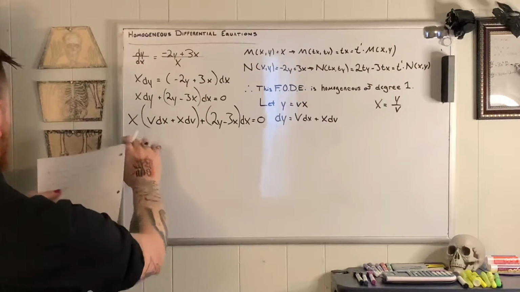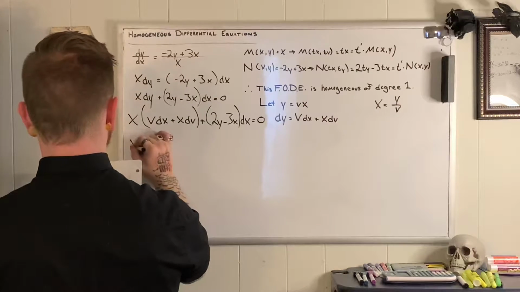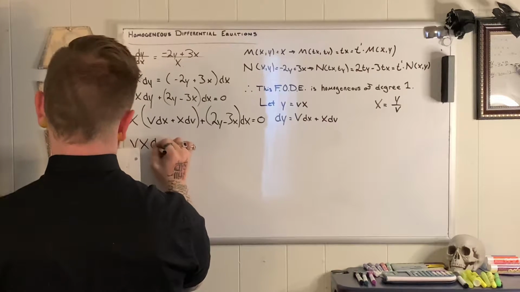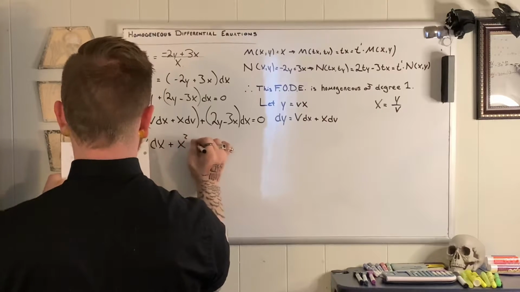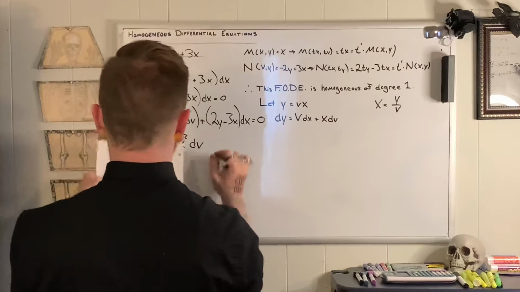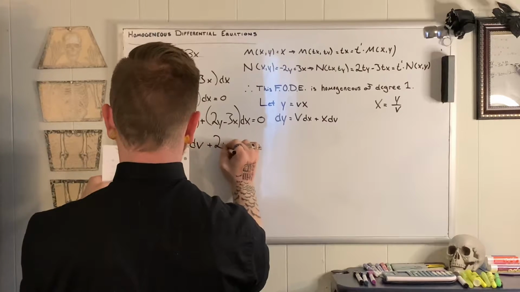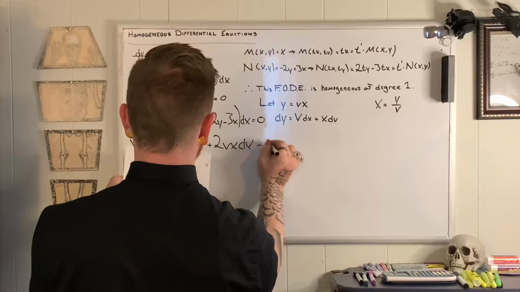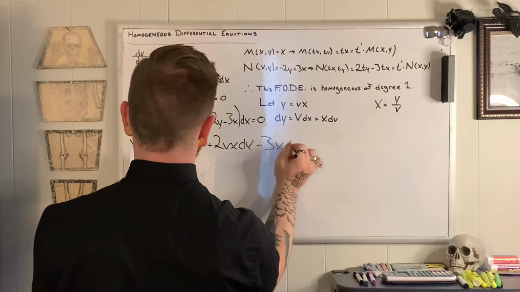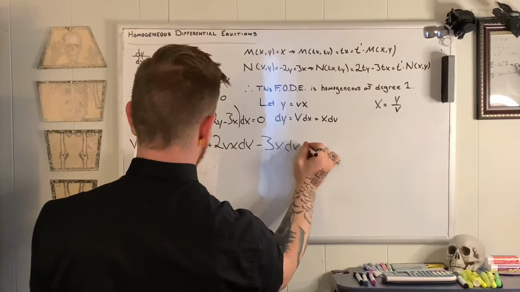We're going to go ahead and distribute our x. We have vx dx plus x squared dv plus 2vx dx minus 3x dx equals 0.